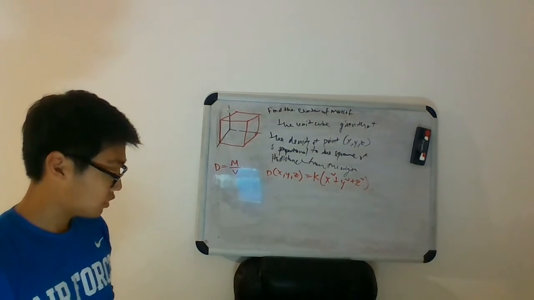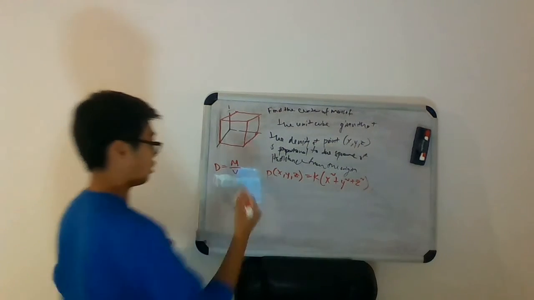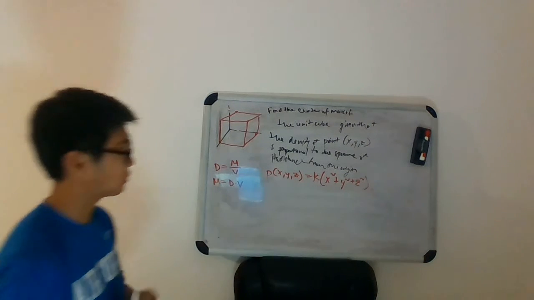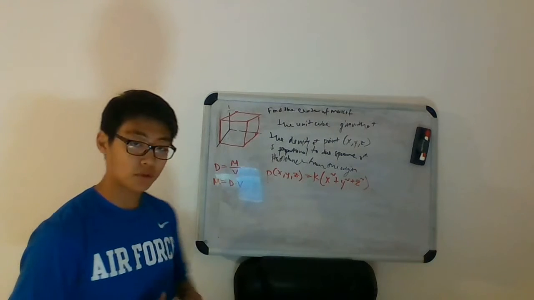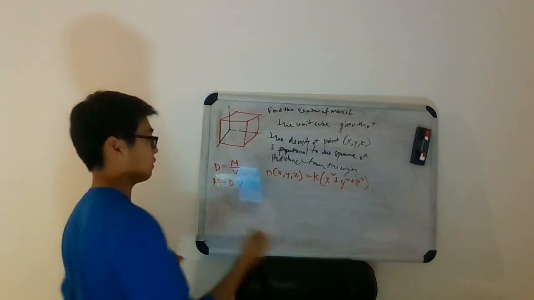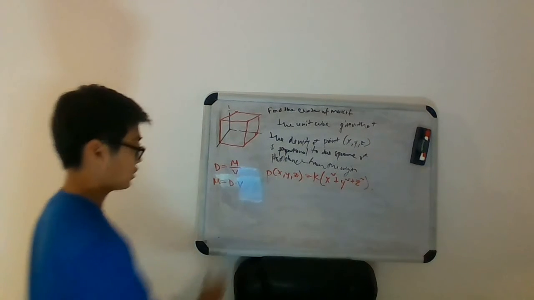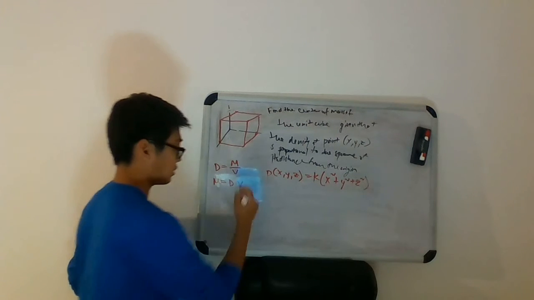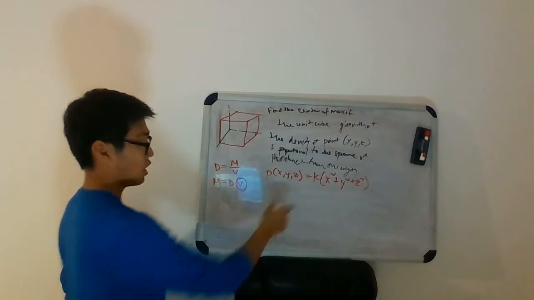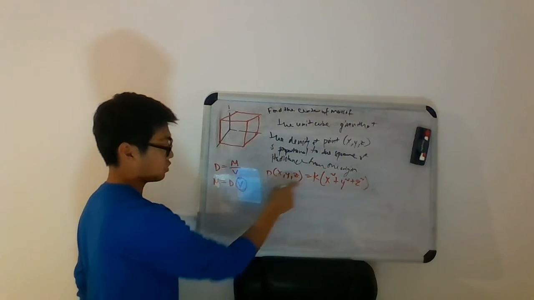And since we know that density equals mass over volume, we know that mass equals density times volume. And we've determined earlier that we use triple integration to determine the volume of any kind of shape or object in 3 dimensions. And so that triple integral can be expressed by this volume, here, and we've determined the density with the given information.